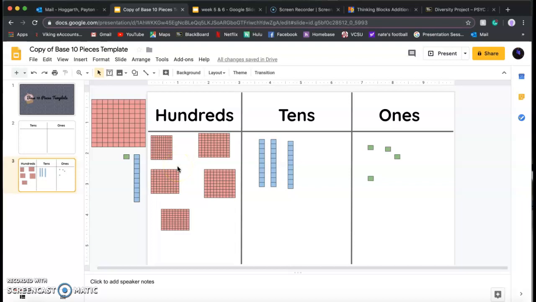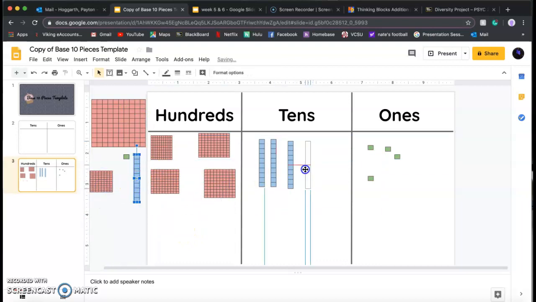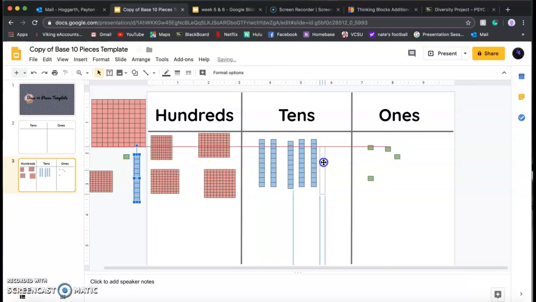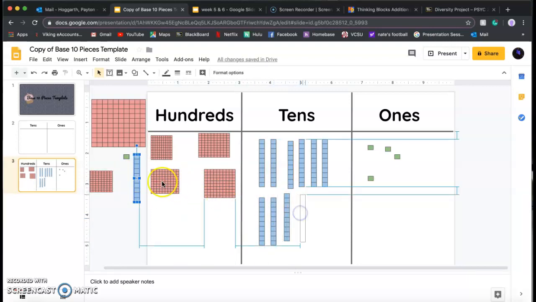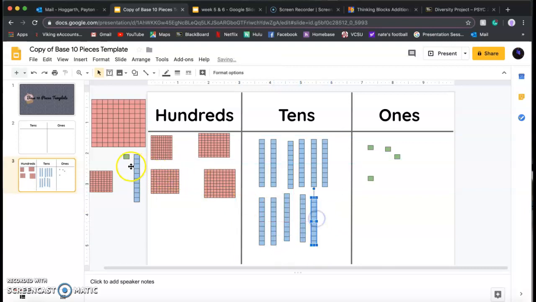So what I would need to do is break down a 100 and put 10 10s. Okay, so now I have 13 10s.